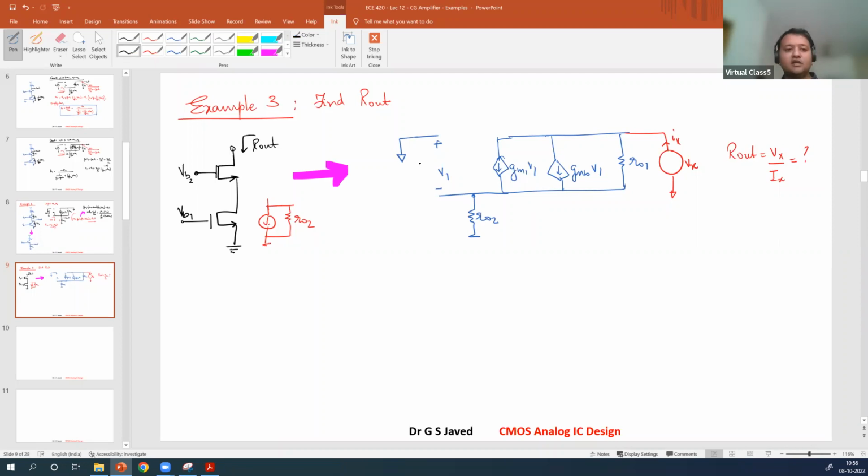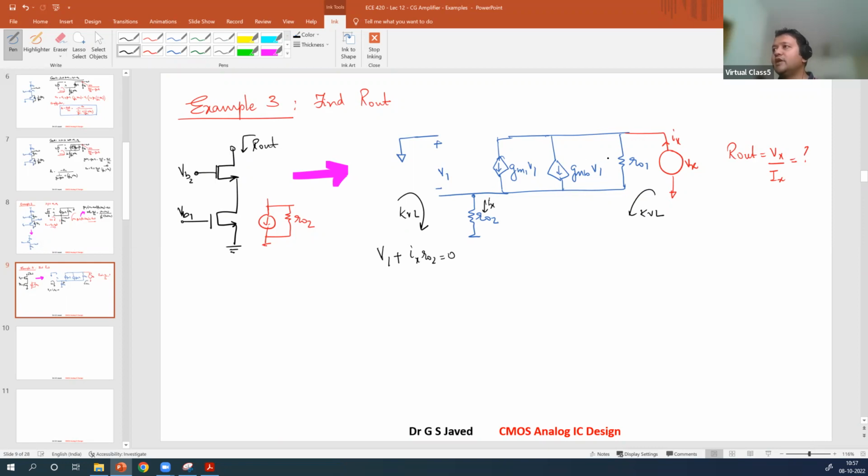We'll apply KVL here. KVL will give you V1 plus Ix flows here, Ix also flows here, Ix RO2 equal to 0. This is one equation.